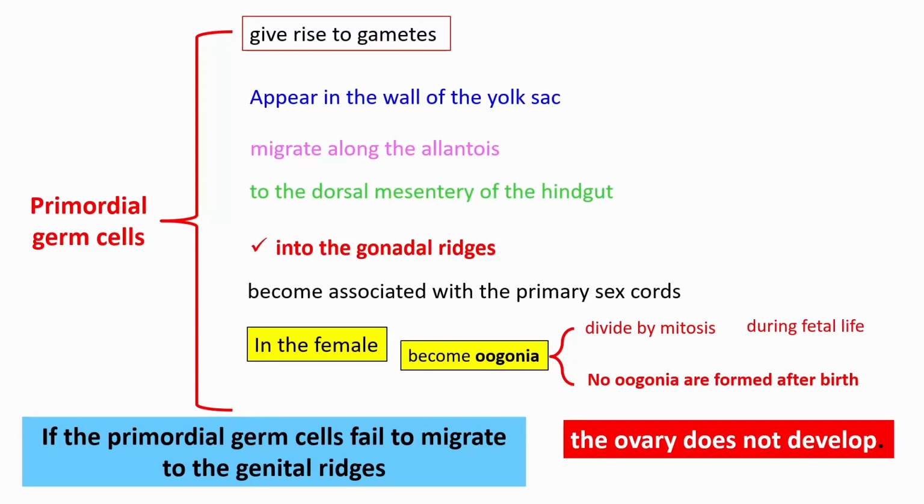If the process is not complete and the primordial germ cells do not reach the genital ridge, the ovary or the testis, the primary sex organs, will not develop.